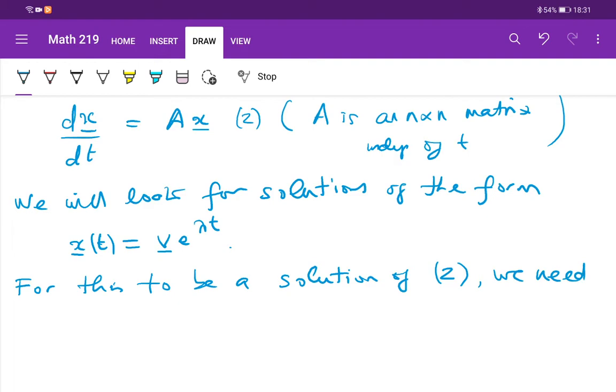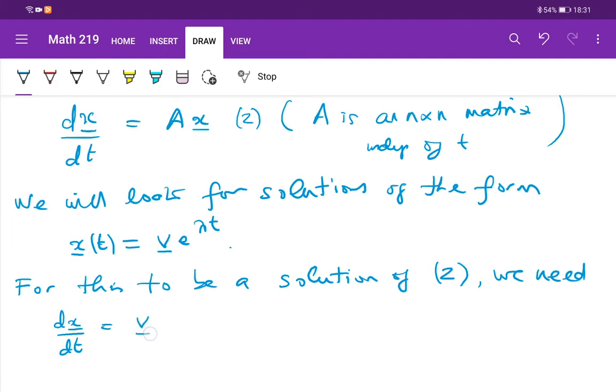What is the derivative of x here? We can differentiate vector valued functions just by differentiating them entry by entry.